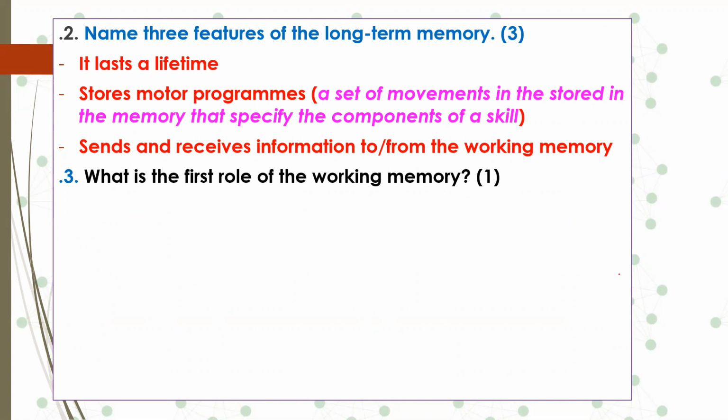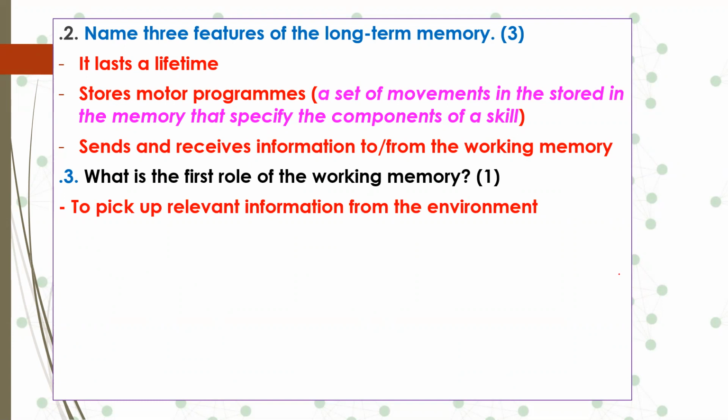First role of the working memory. The primary role of the working memory is that it picks up relevant information from the environment. That's the first thing it needs to do. Before anything else can happen, you have to use your sensors to pick up this information. And then what's the process called of filtering out the key information? That is selective attention.